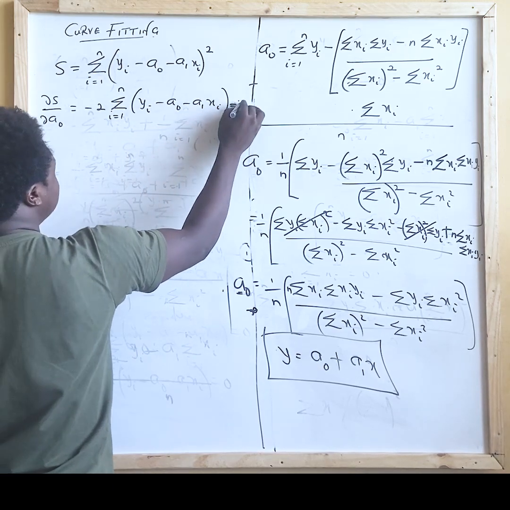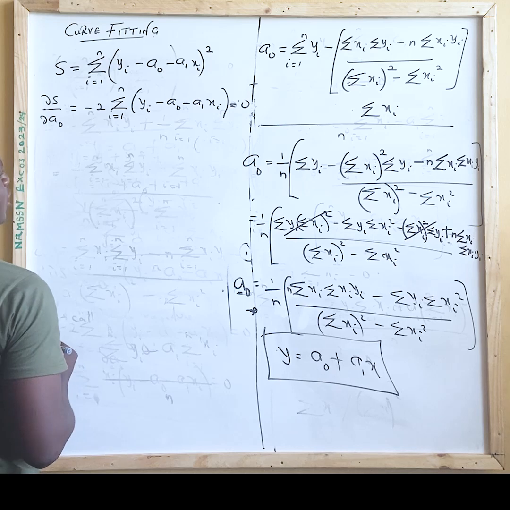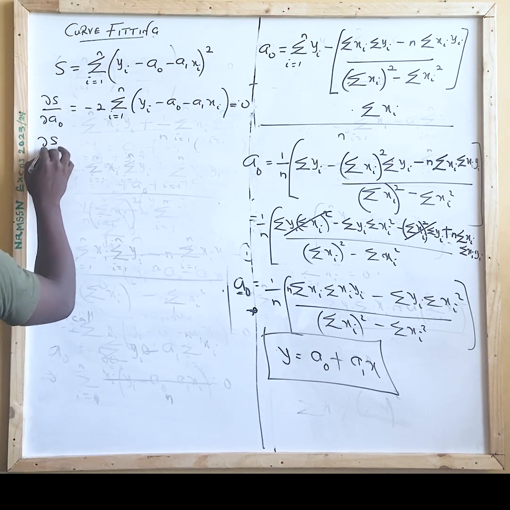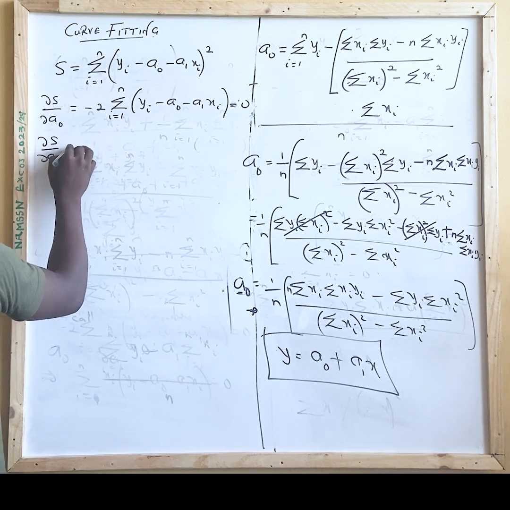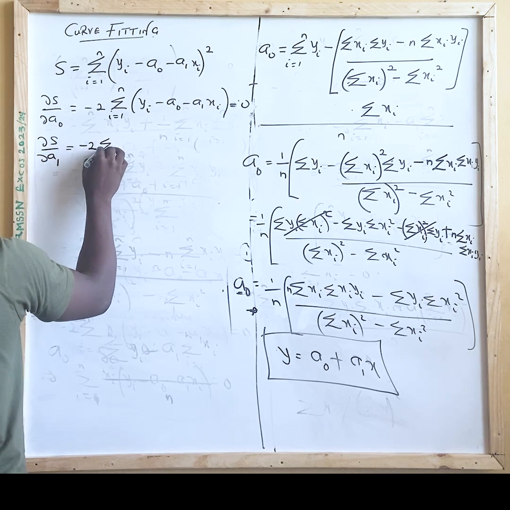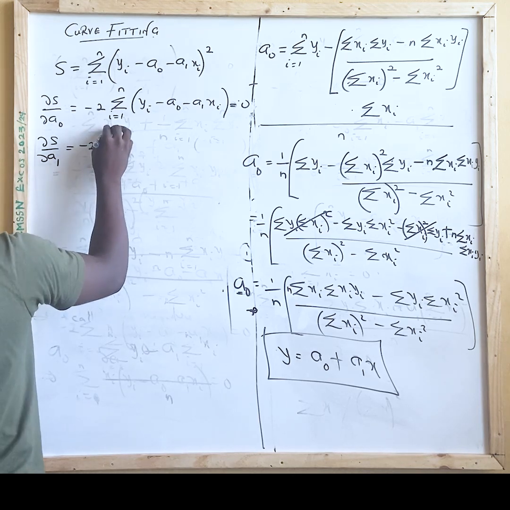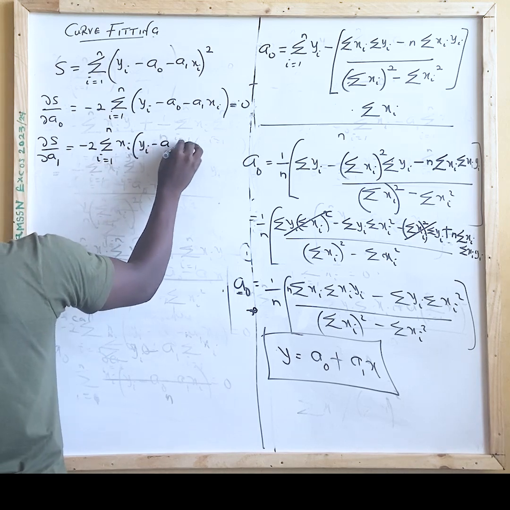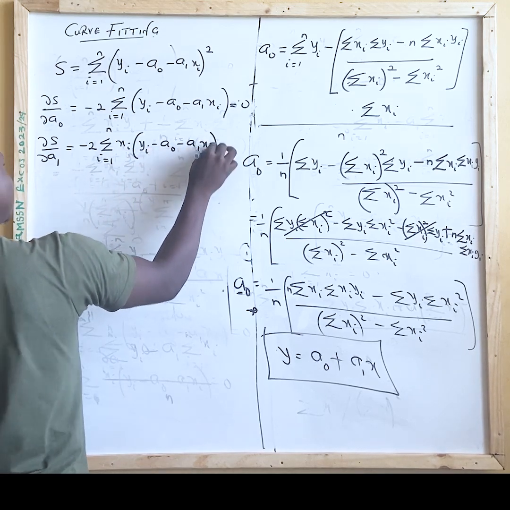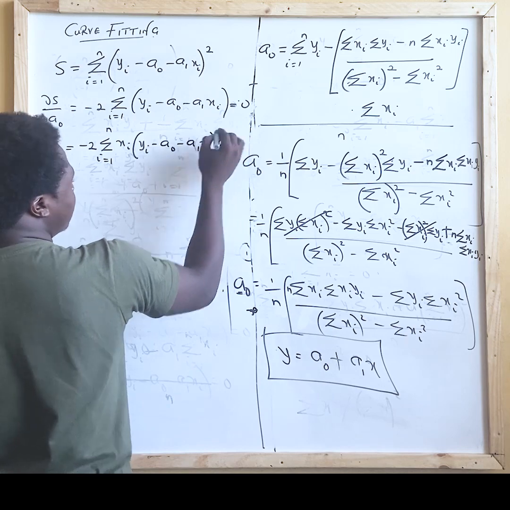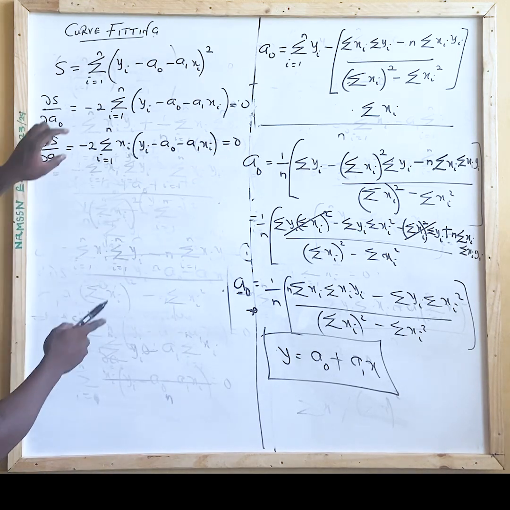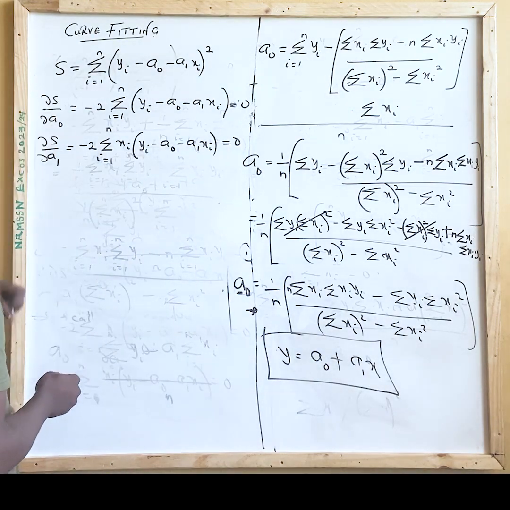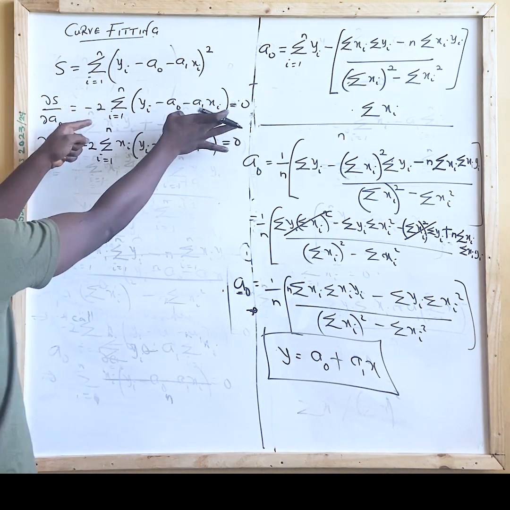We said it should be 0. Also, we said our dS/da1 is giving us minus 2 summation i from 1 to n of xi times yi minus a naught minus a1xi, and also it should be 0.